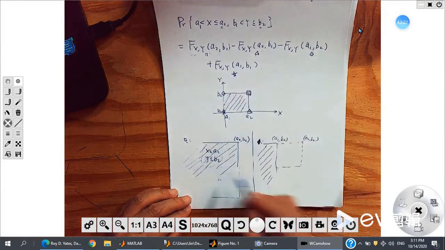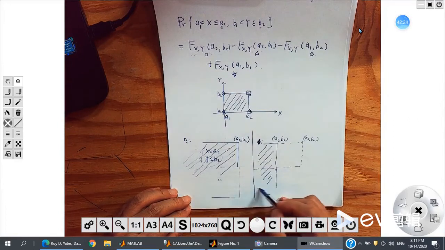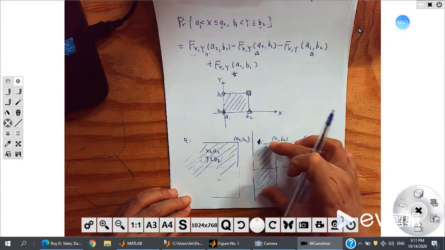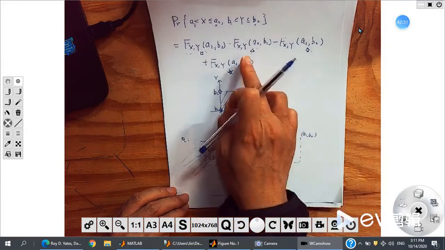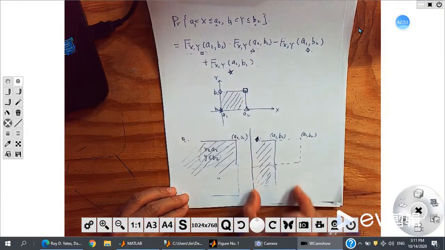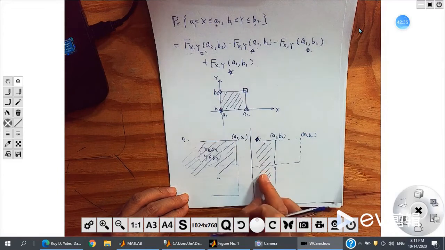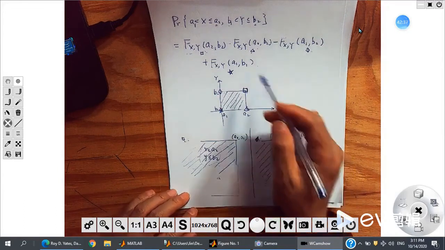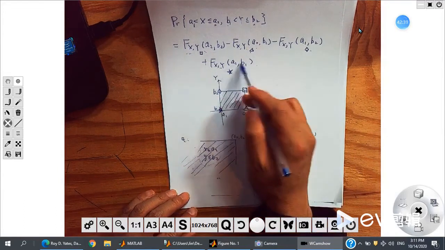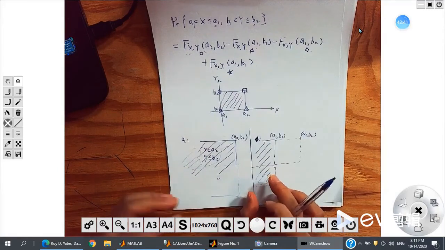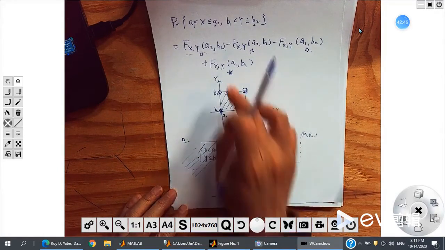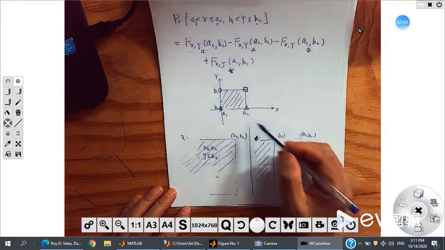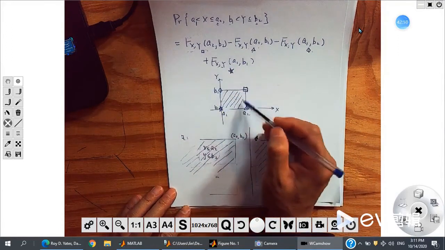But then this part you remove two times. When you remove the diamond part, you remove it. When you remove the triangular part, you also remove it. So this part you remove two times. You only need to remove it one time, right? So you add it back. Okay. Then you have the rest part, the probability of the rest part.